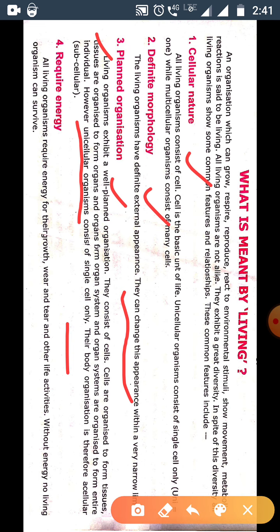Also, the fourth point is required energy. You have not heard about non-living objects that they need energy, but all living beings require energy for their activities.